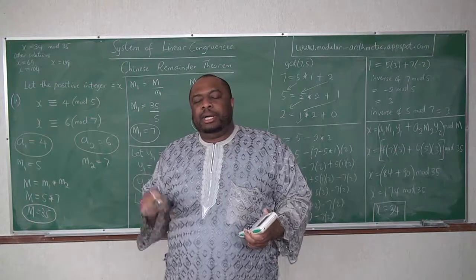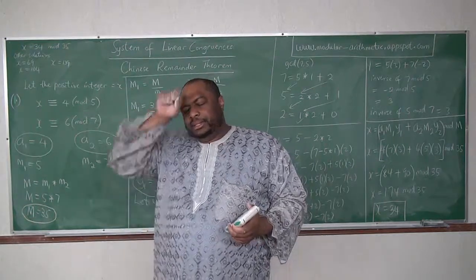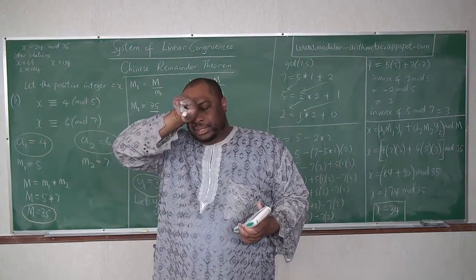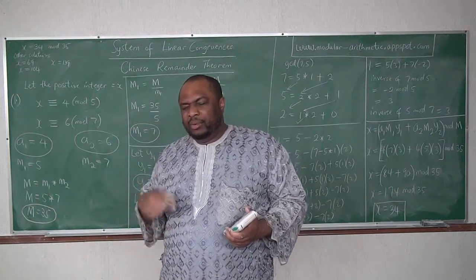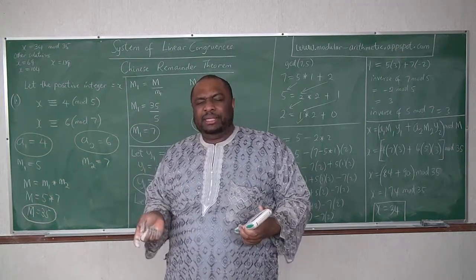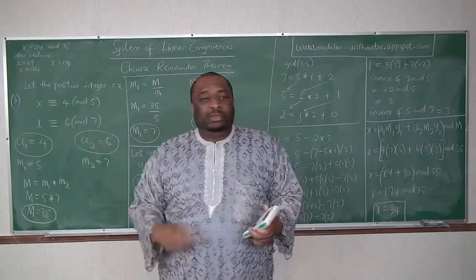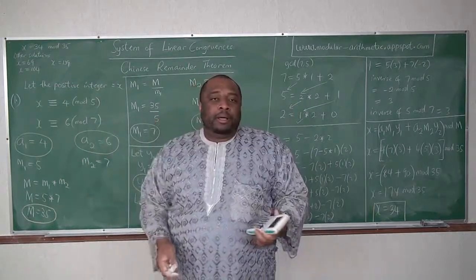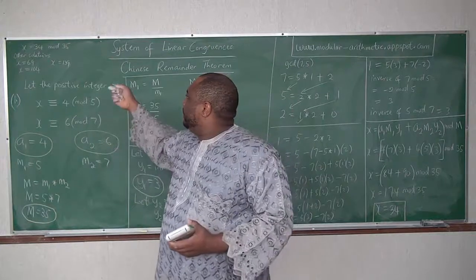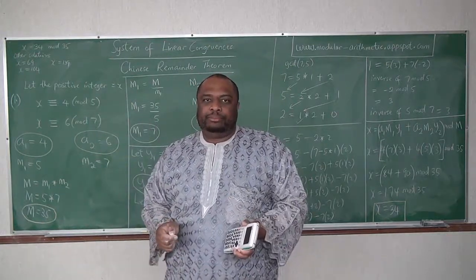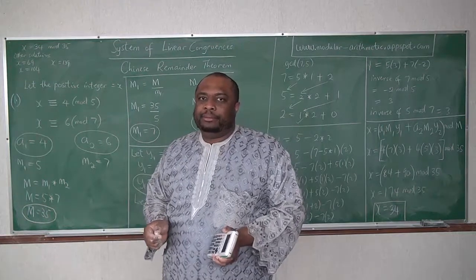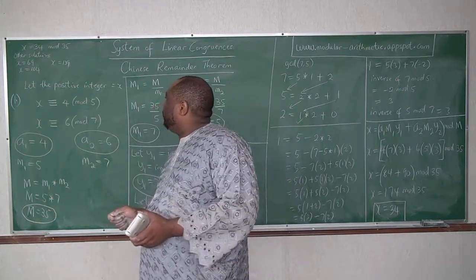So 14, okay, 14 is the quotient. Remember 104 minus 98, remainder 6. It works. Okay, you just keep adding 35. Congruence classes of that modulo.